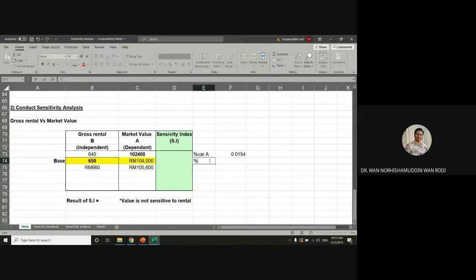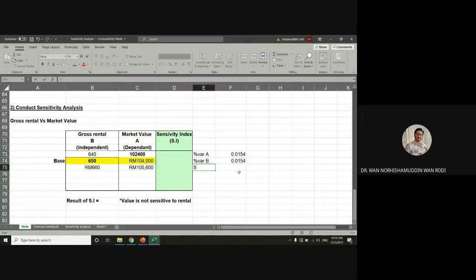Next is the percentage change in variable B. Similarly, you calculate in reference to the formula: 650, B base, minus B, divided by B base, and you close the bracket. Enter. You will get the same answer, 0.015.